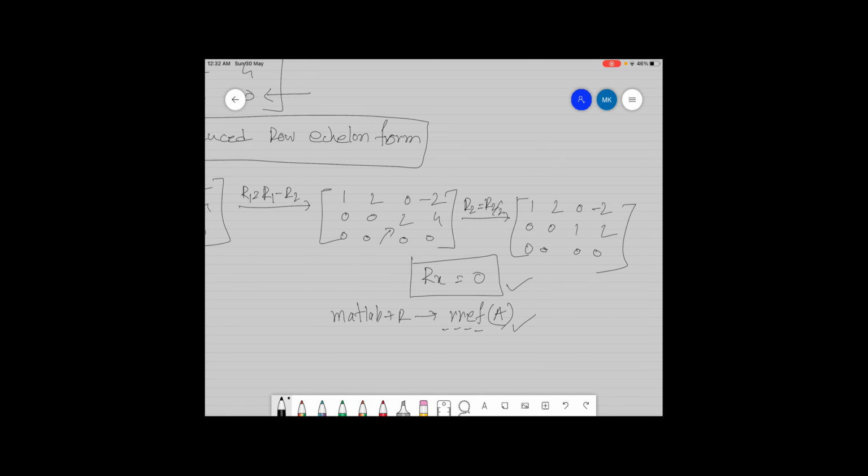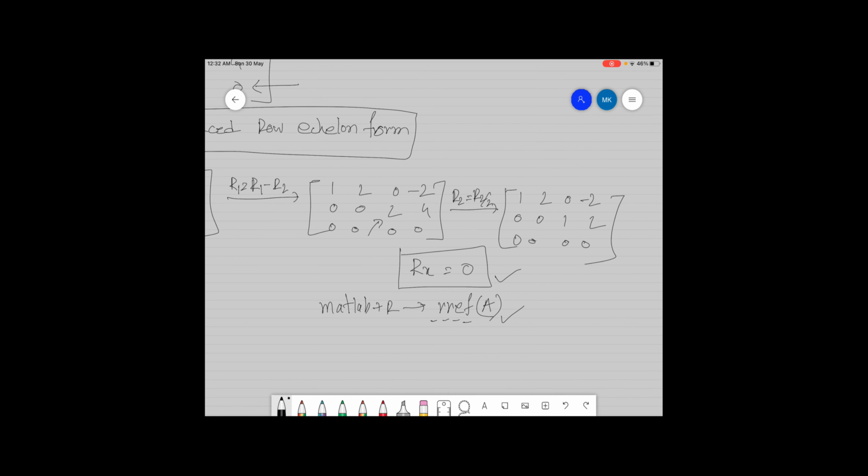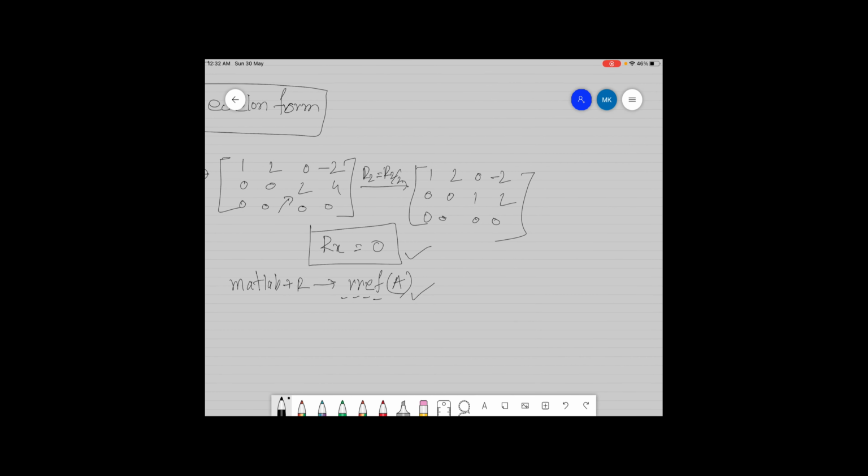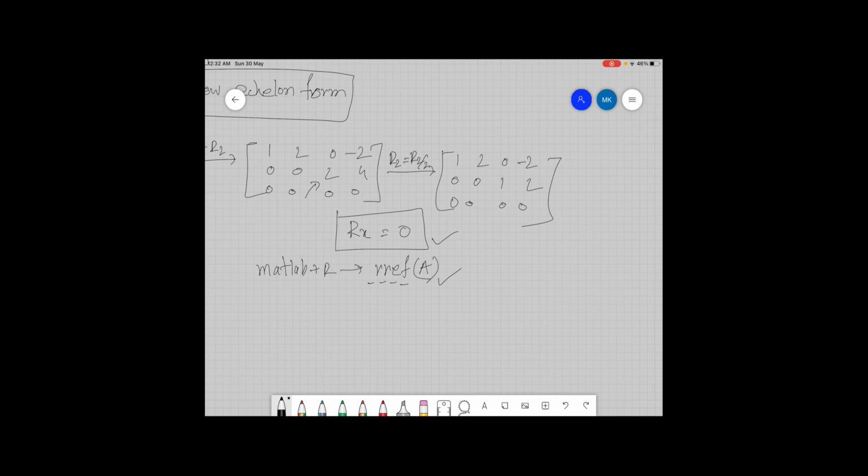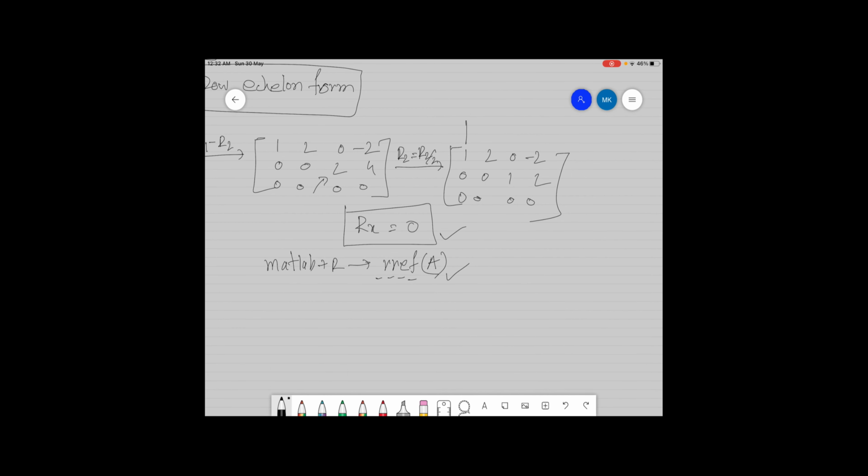If you closely look at the R matrix, you will see that it has a very interesting structure. These are the pivot columns, right?